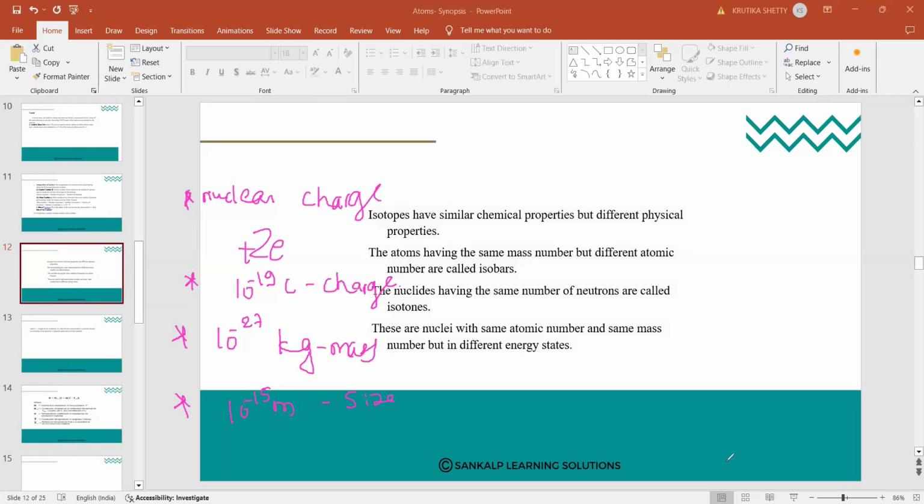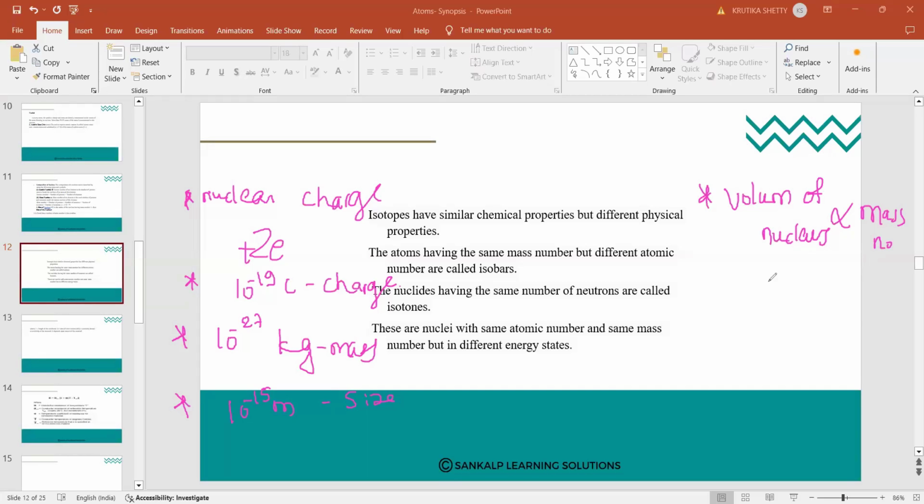Okay, so here you remember one more point, that is the volume of the nucleus. Whatever the volume of the nucleus is, it is always directly proportional to the mass number. The volume of the nucleus is always directly proportional to what? It is the mass number.